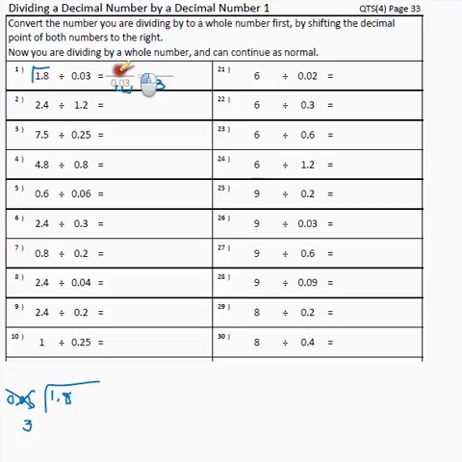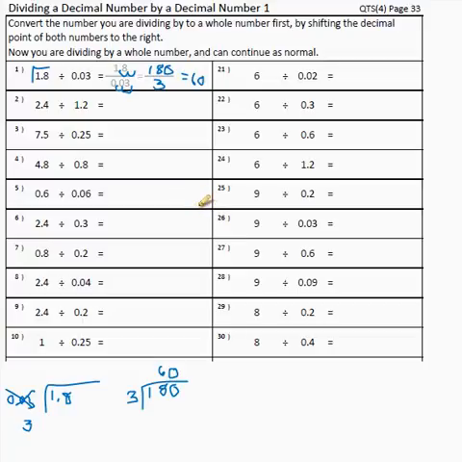So you times the top by 100 as well, moving the point 2 spaces, which gives you 180. And that looks like a much easier sum to do. 3 goes in 18, 6. 3 goes in 0, 0. So that gives you 60.